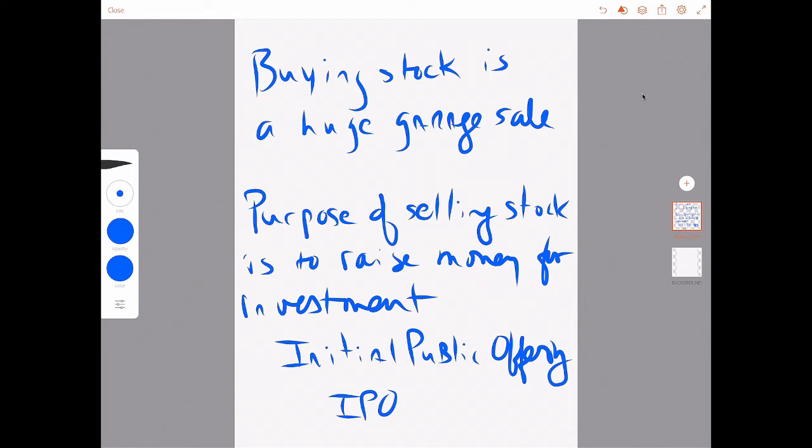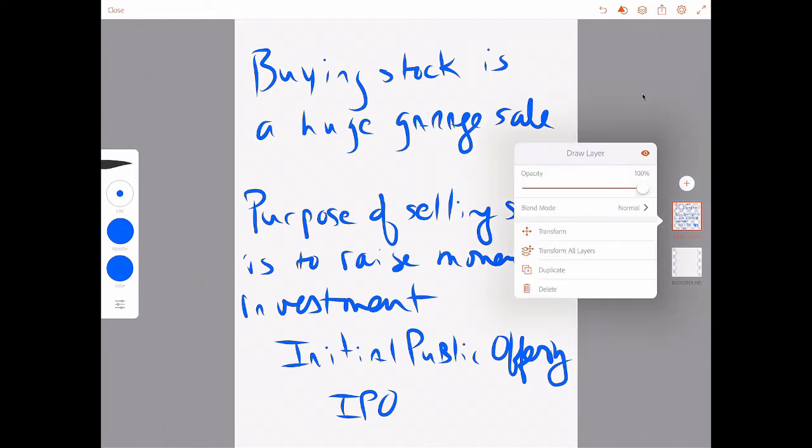So if Facebook's initial public offering price is at, say, $50 a share, if they sell 1 million shares, that means they get $50 million. If the price of the stock goes up after that, Facebook doesn't see any more money coming into their coffers. Mark Zuckerberg might, because he owns a whole bunch of stock. But the company only gets money at the initial public offering.